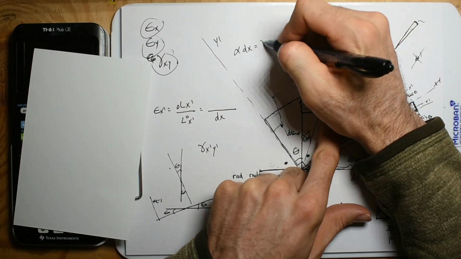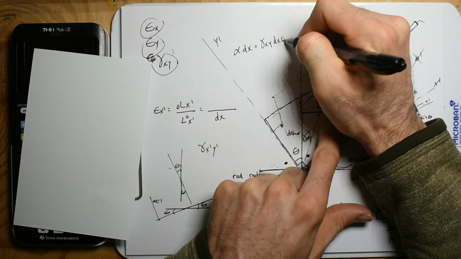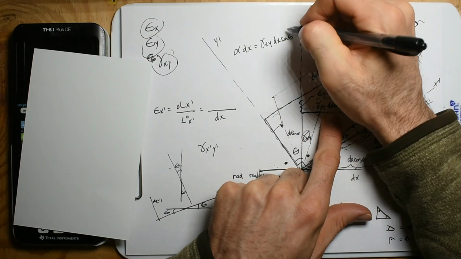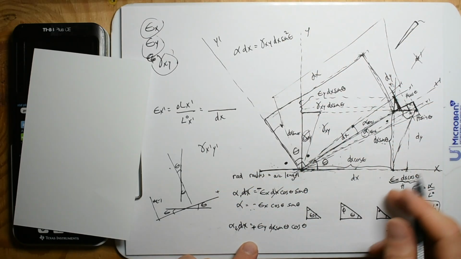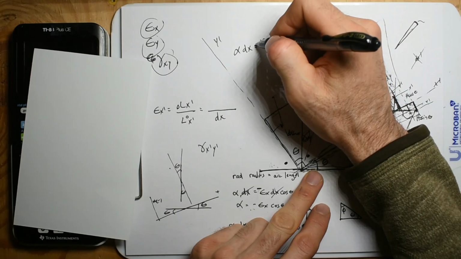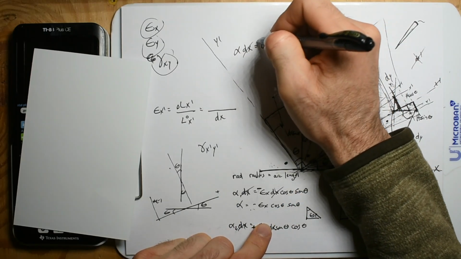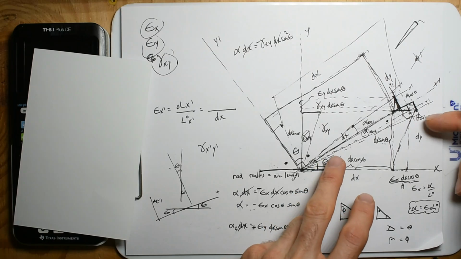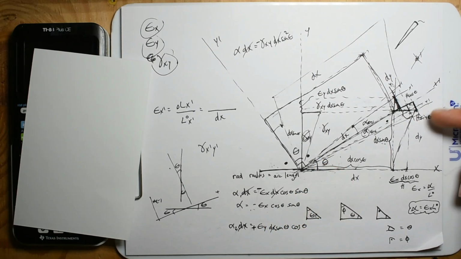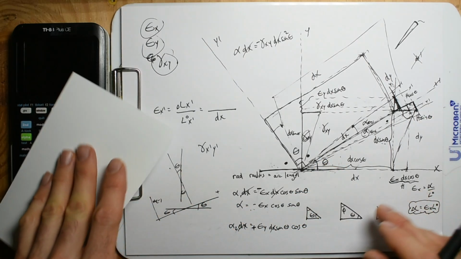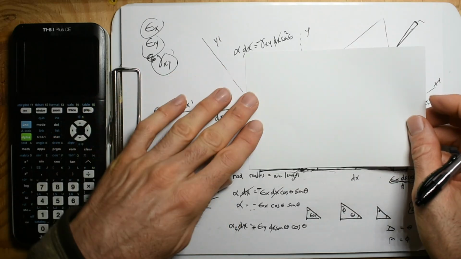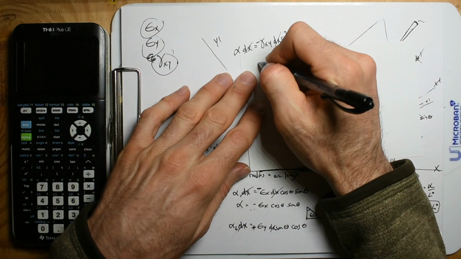So this is going to be gamma xy dx sine theta, which is sine theta squared. And this caused a negative, factor out the dx, and this angle caused a negative shear. So those are your alpha terms. So I'm just going to write them down, and hopefully we can get through it.